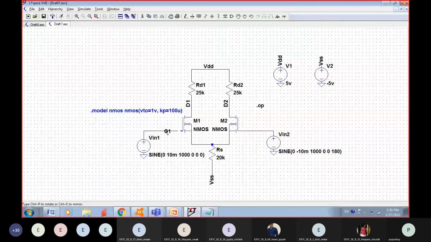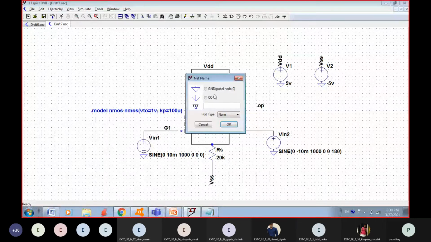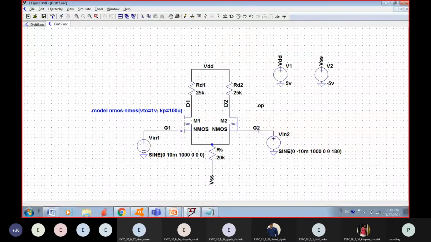It's not that easy. Now D1, D2, G1, G2. At this point, if you need, you can give S, you can just give S.